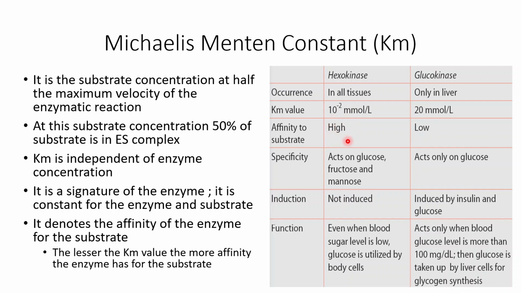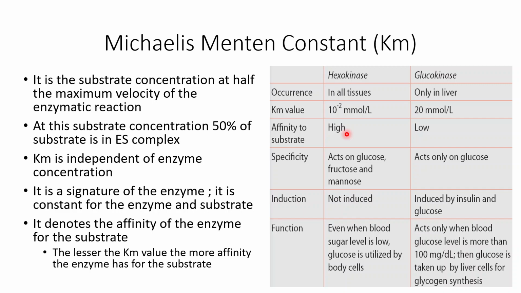So given a choice, if both these enzymes, glucokinase and hexokinase, are present to act on glucose to glucose 6 phosphate, then it is the hexokinase which is going to take the preference. Why? Because the affinity for glucose is high, it has a low Km value.